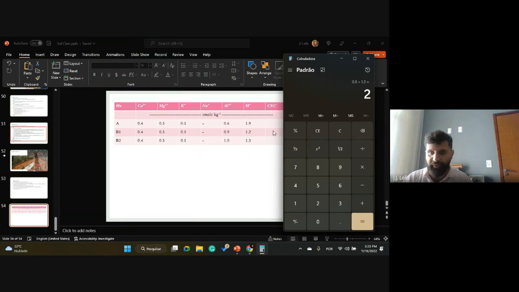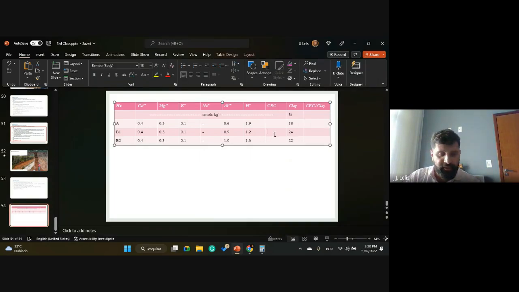So we have 2 centimole charge per kilogram of soil. And here, as the values are quite the same, just here it's different. We have 2.1. Okay. And we have the clay content here.